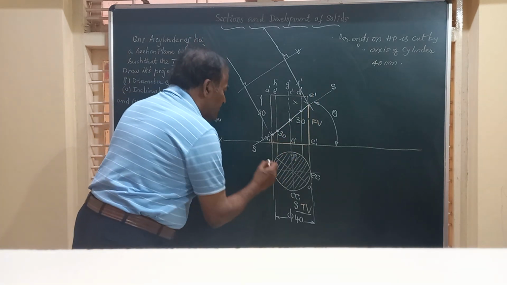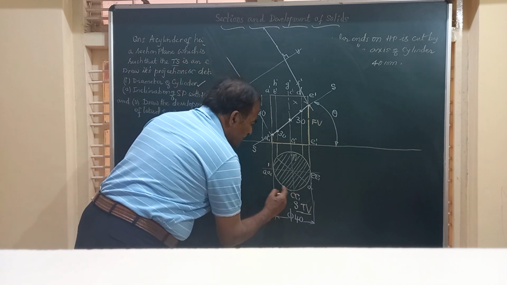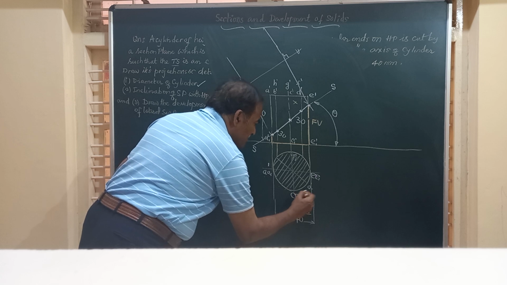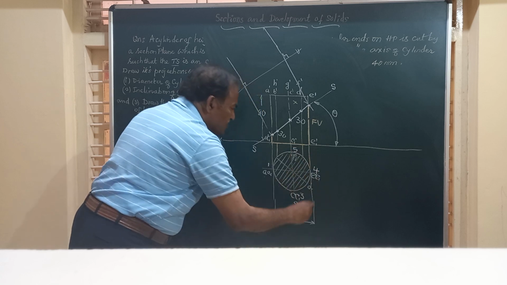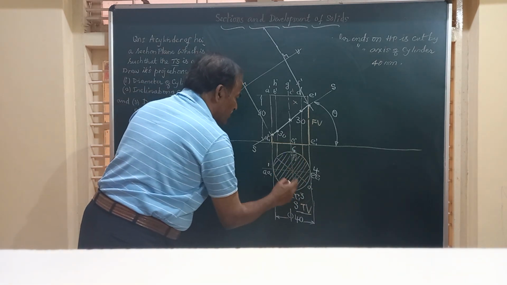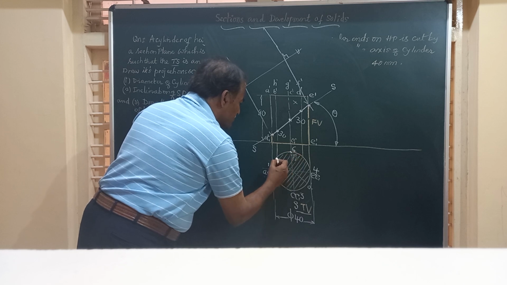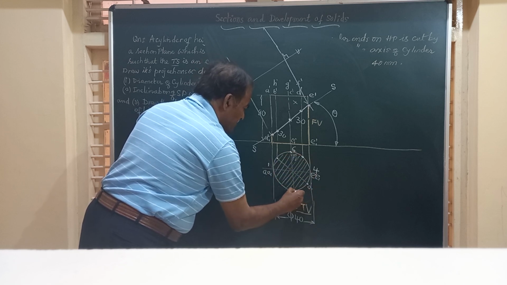Now, friends, I will mark this point on A as 1, this is 2, this is 3, 4, and this is 5. Since there is no place, I am just marking only alternate points where the solid is being cut. So these are all the points, friends.